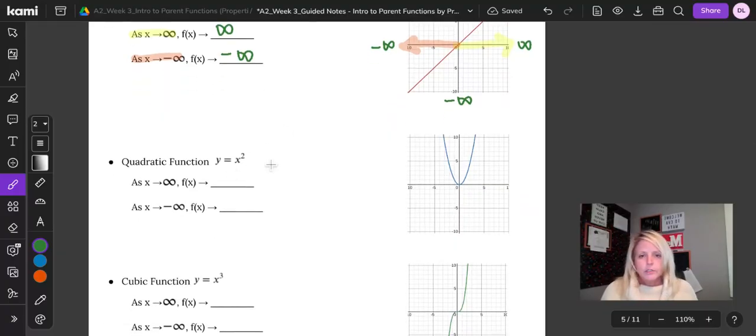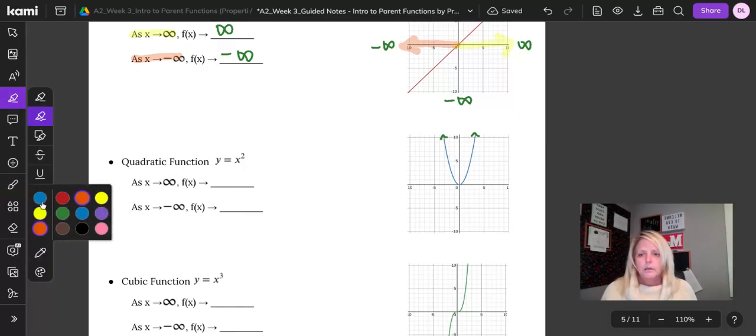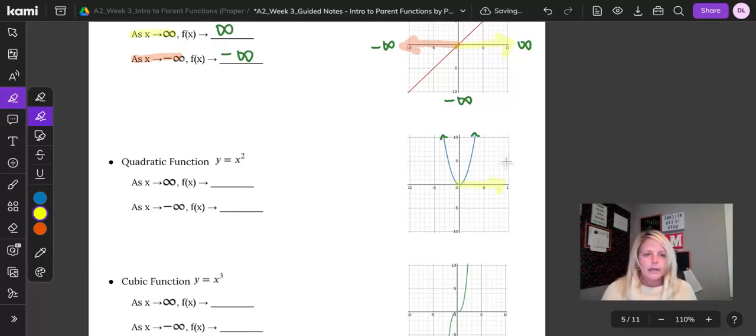Okay, quadratic function. I'm going to put my arrows down here. Okay, as x approaches positive infinity. So again, we're going to look at the graph as I move this direction. Whoops, it didn't change color. Sorry about that. As I move to the right on the x-axis, what is my graph doing? Well, it's heading up.